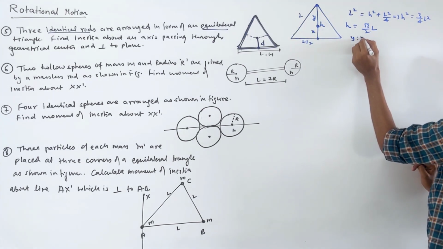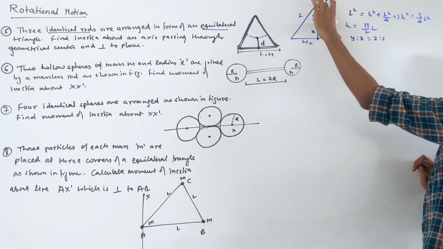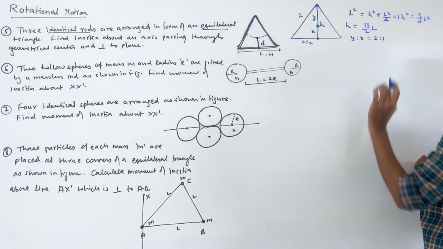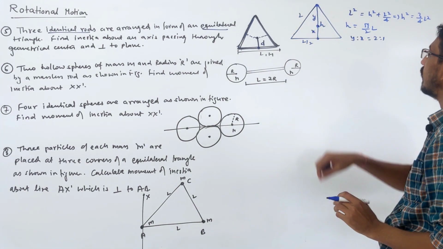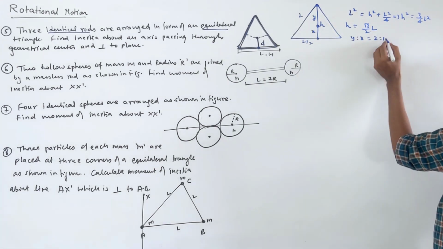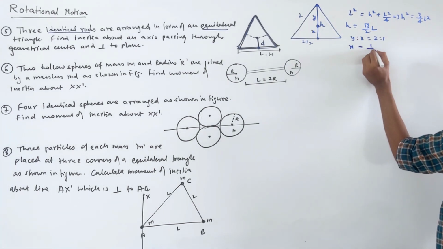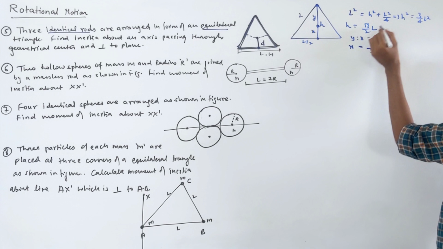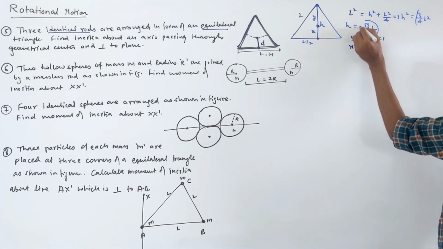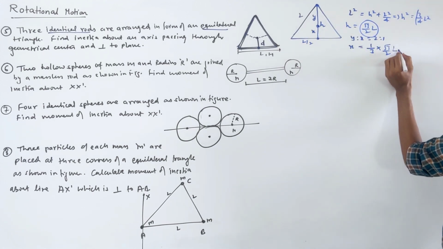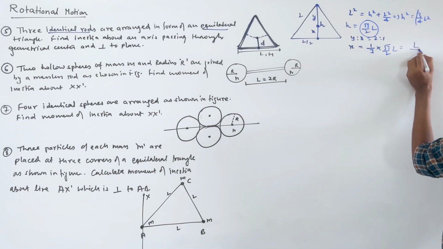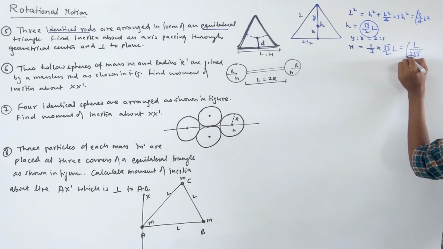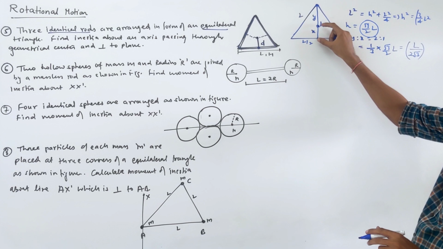So Y to X is always 2:1. That distance and that distance are divided in this ratio, keep that in mind. Okay, we want to find that distance X. So X is one part out of a total of 3 parts times the total distance, root 3 by 2 of L. So this becomes L upon 2 root 3.